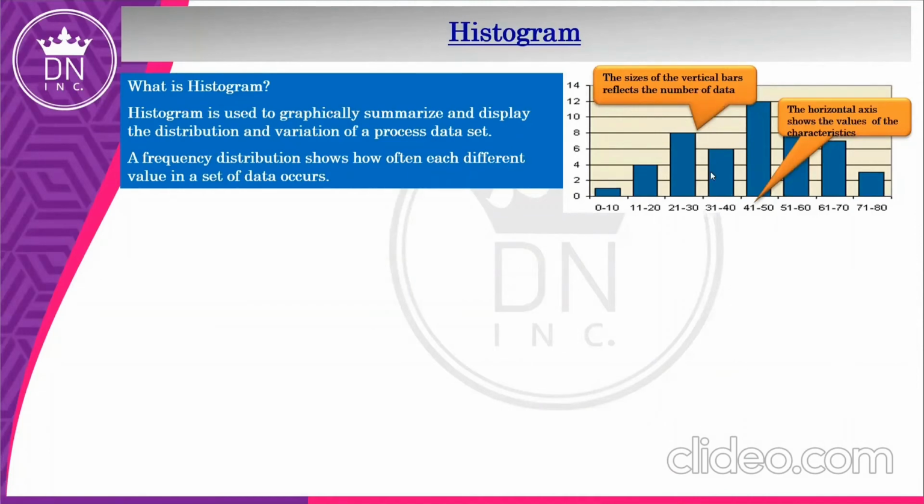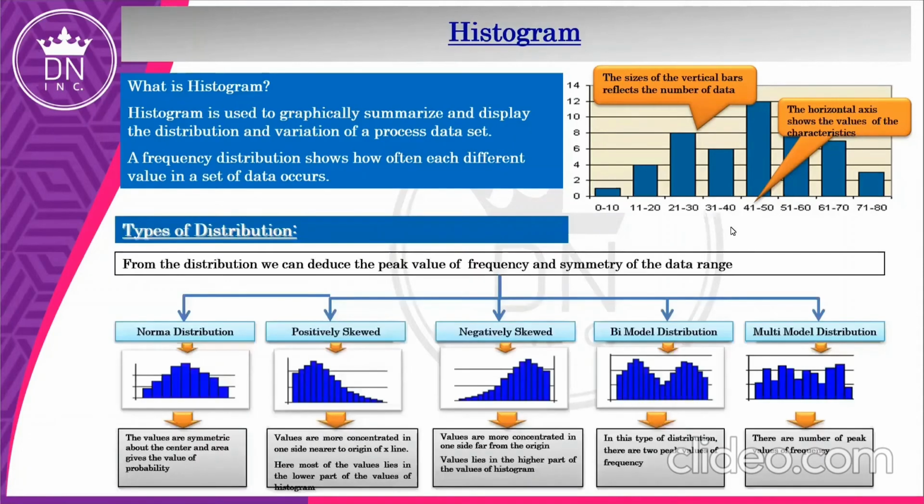The vertical bars reflect the number of data points and the horizontal axis shows the characteristics. There are types of histograms. First is the normal distribution. In the second diagram you can see the data set is skewed positively, and in this diagram the data set is skewed negatively, and there are bimodal and multimodal distributions. These are the types of distribution.